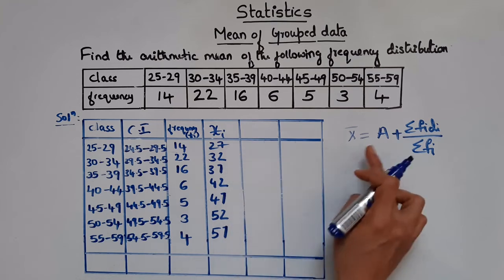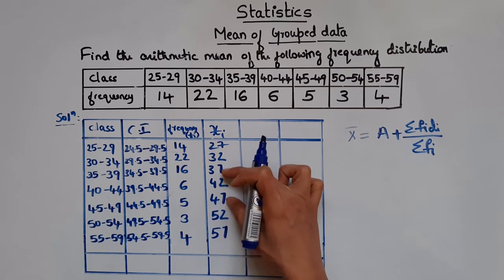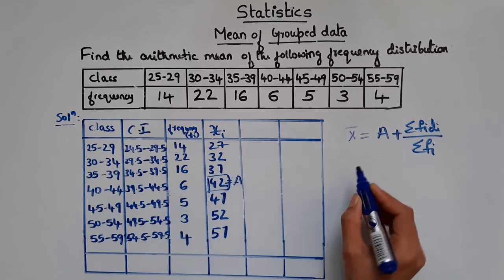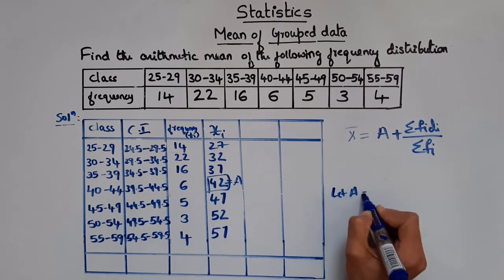So the mid value will give you your A, right? So which is the mid value? So 42. Let's take 42 as the assumed mean. This is your A. So let A is equal to 42.